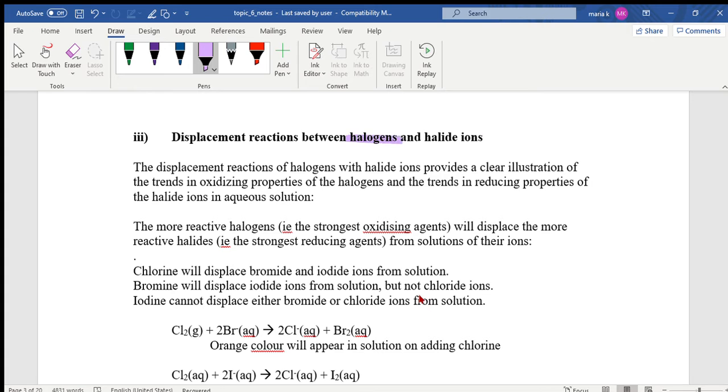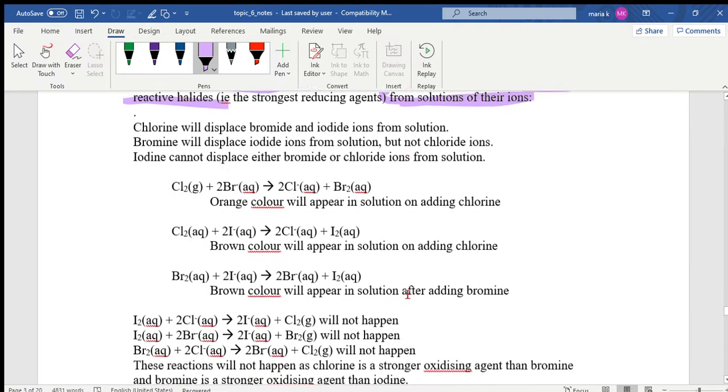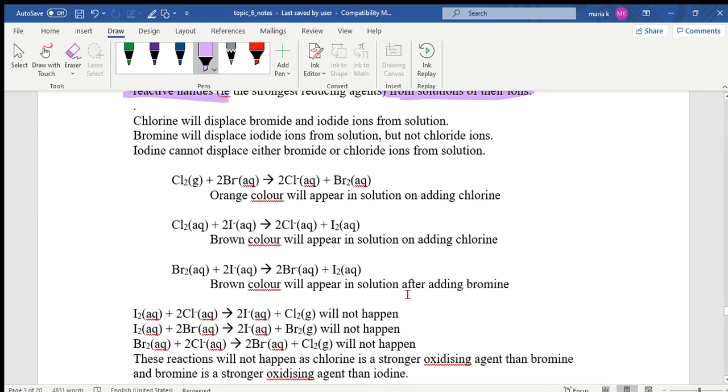Displacement reaction between halogens and halide ions. The more reactive halogens will displace the less reactive halides from solutions of their ions. Remember, at the top it is most reactive, and it will certainly displace the ones below it.